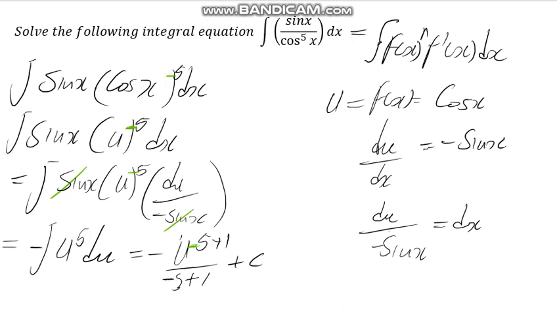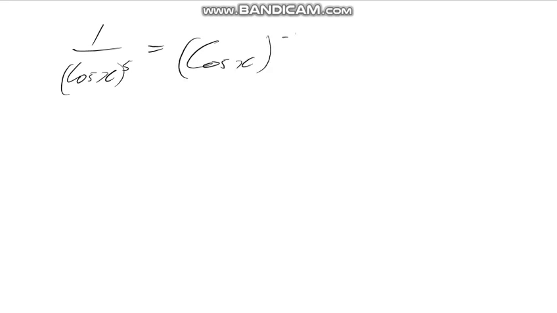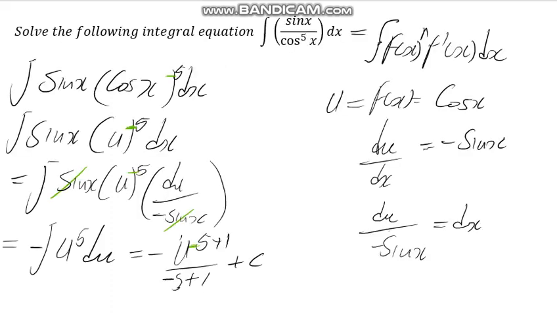Please consider the sign as well. Remember, initially I had 1 over cos x to the power of 5. So if you change it, you're going to have cos x to the power of minus 5, right? Okay, that's where the minus 5 comes from. Change it from the fraction to a standard form.